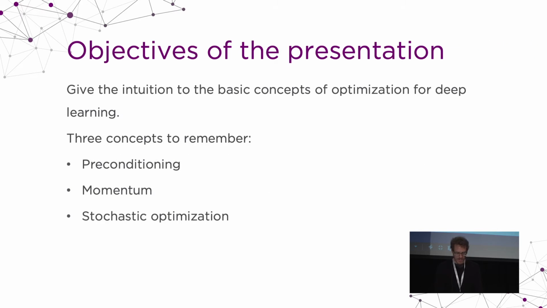The concepts that we will see in these presentations are preconditioning, momentum, and also what kind of optimization we are doing. And we will see that it's stochastic optimization. I will start with a very simple problem in optimization, and I will explain the difficulties that we can see with models with a lot of parameters, and we will see solutions to these problems.